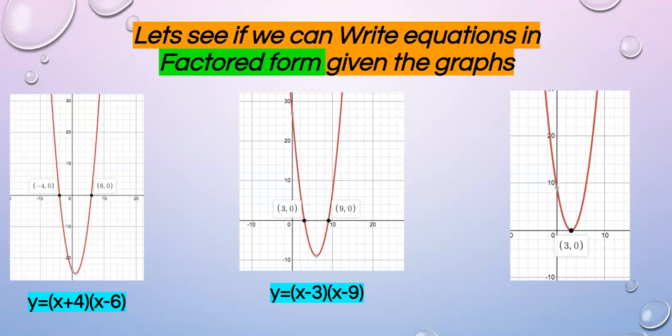Can that happen? Absolutely. So in this case, I only have one x-intercept, okay? And what would that look like? I would just write it twice. I see that that x-intercept is a positive 3, so it would be x minus 3 and x minus 3, for my two factors, showing that they're going to be the opposite signs of whatever is inside.